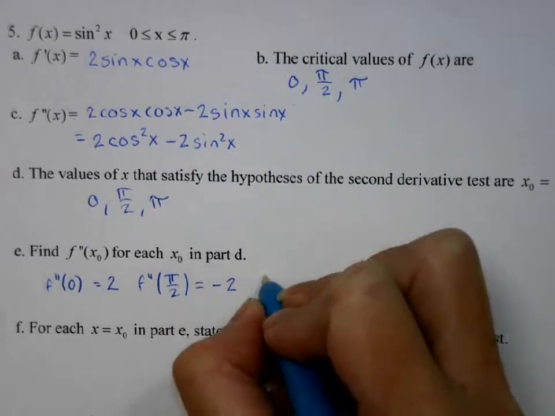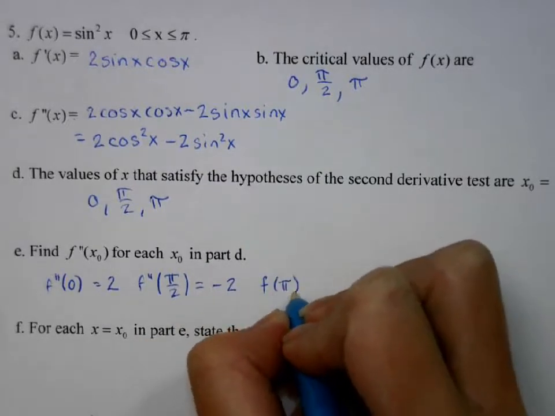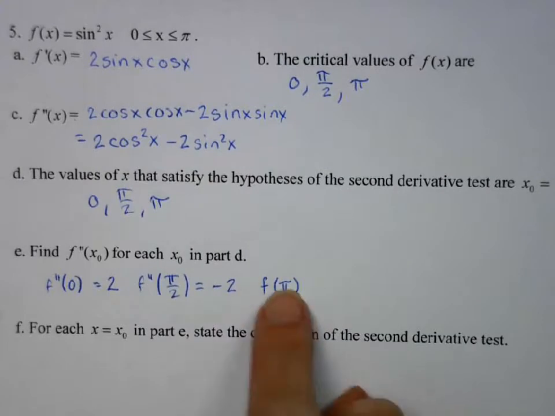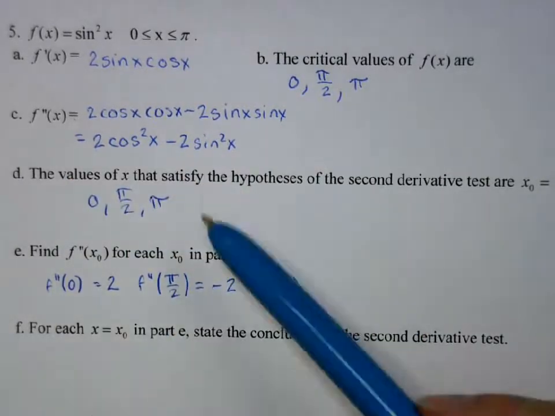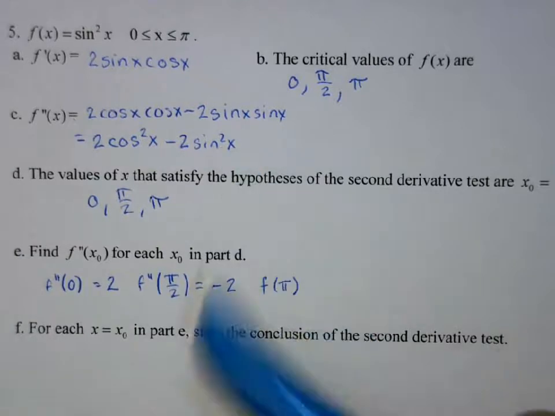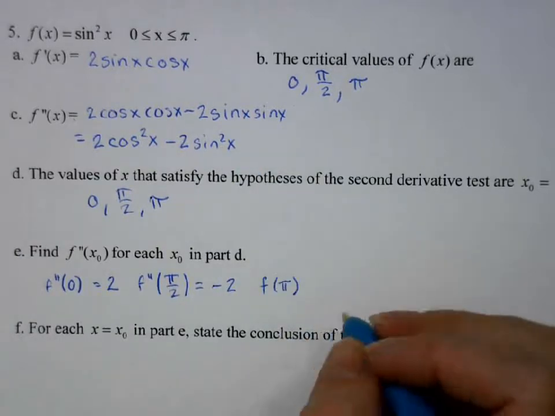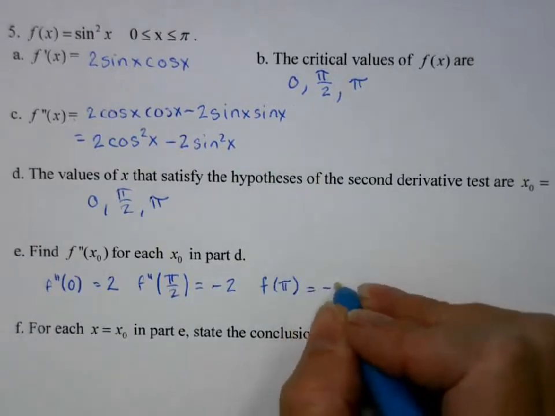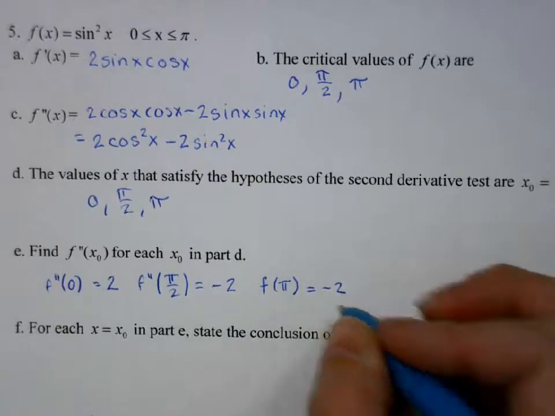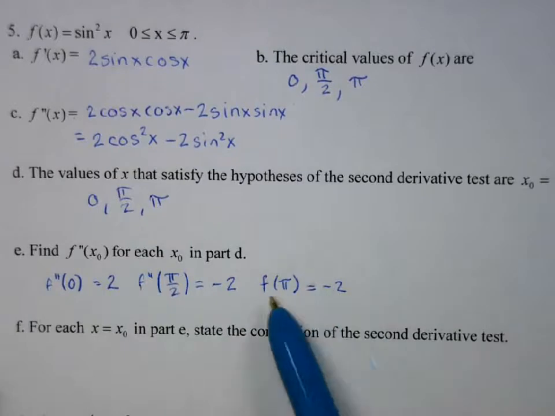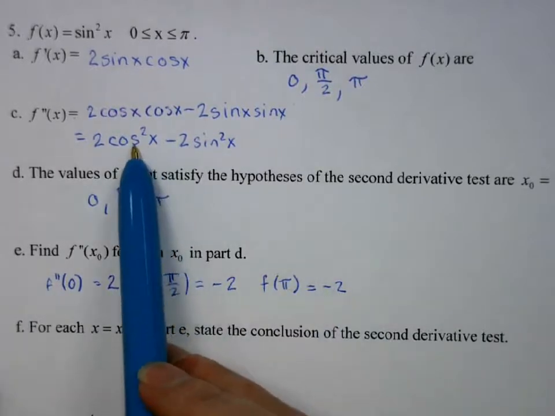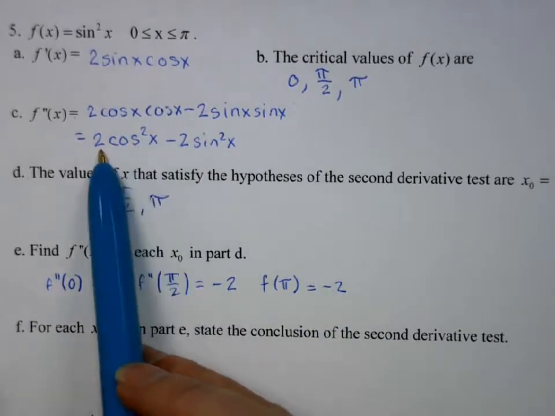Sorry, for pi: cosine of pi is negative 1, squared, times 2. Sine of pi is just 0. So this is just a positive 2.